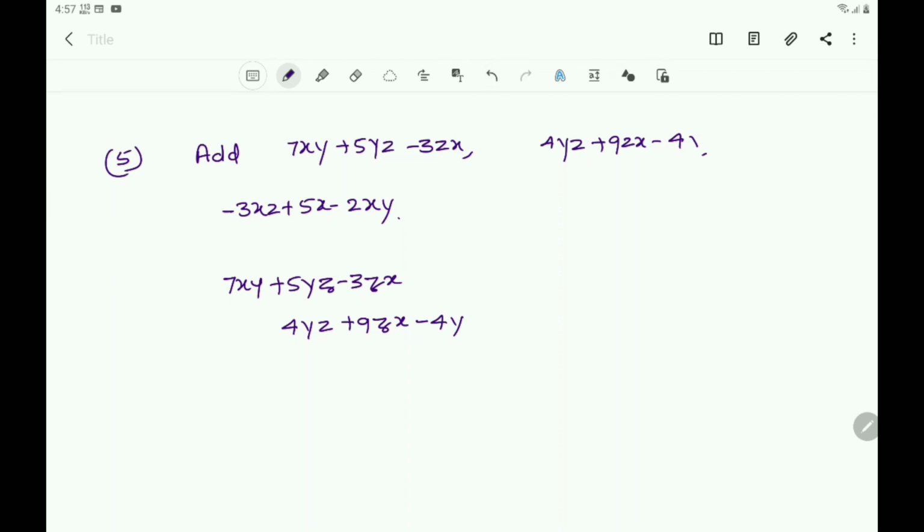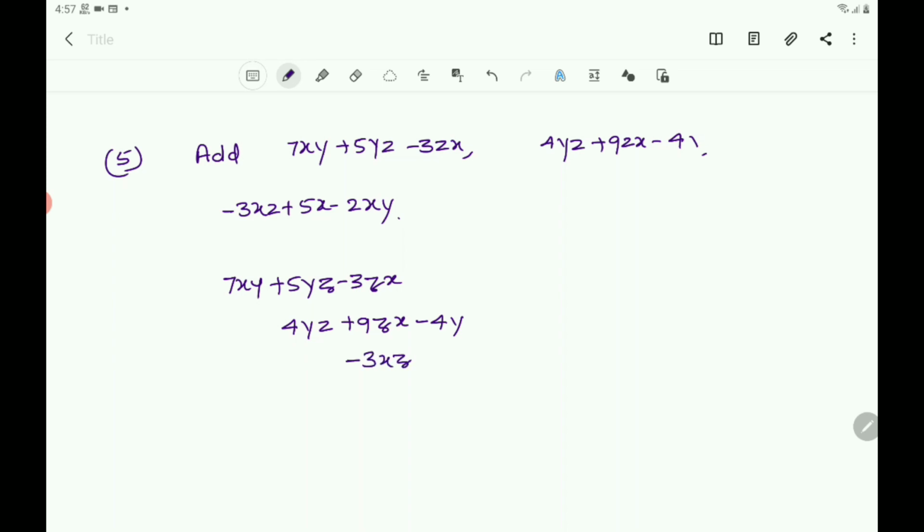Next, in the third expression, the first term is minus 3xz. You know that xz is the same as zx, so you write below 9zx, that is minus 3xz.